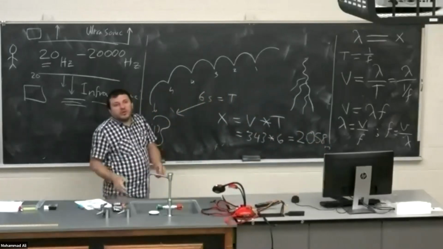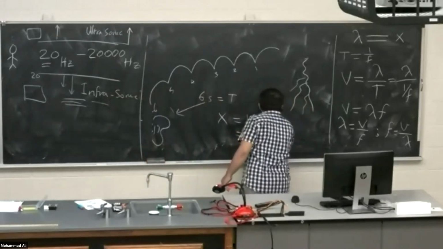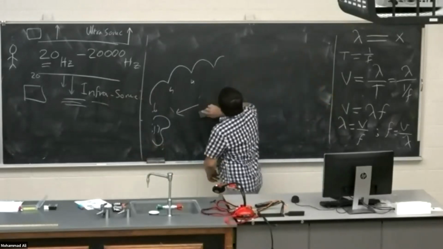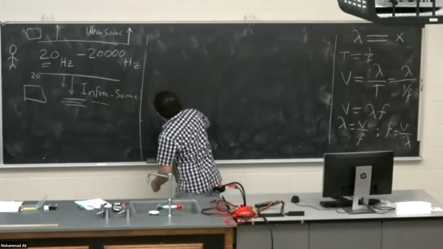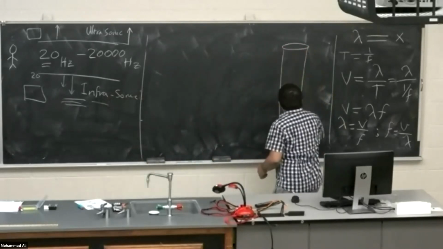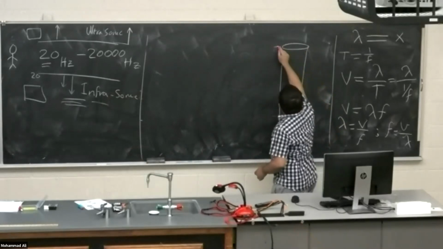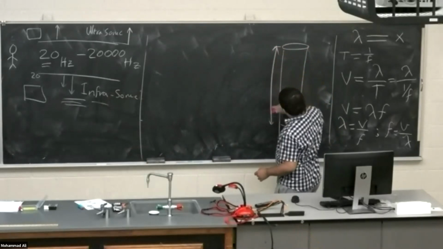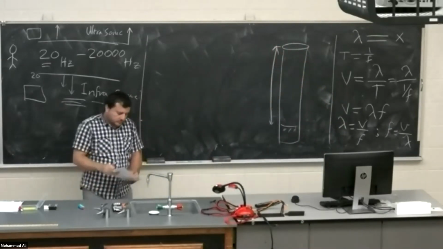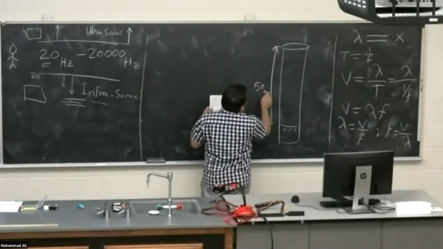But what if we have a more complicated example, just like that in the book? It's a good question for an exam. If we have a well, and we know the depth of that well to the water surface, and this depth is 50 meters.